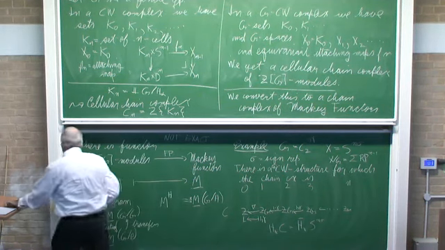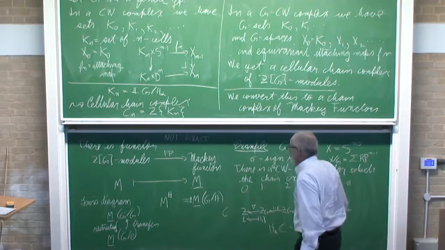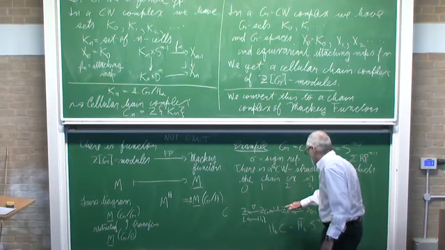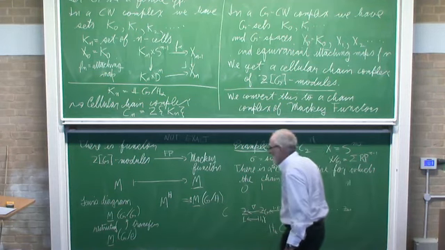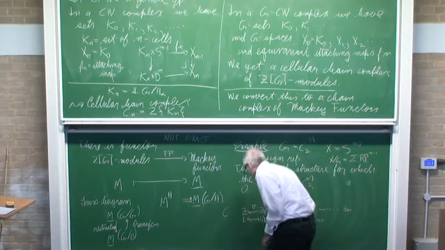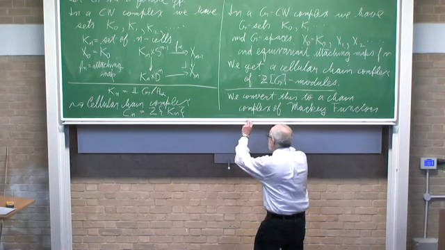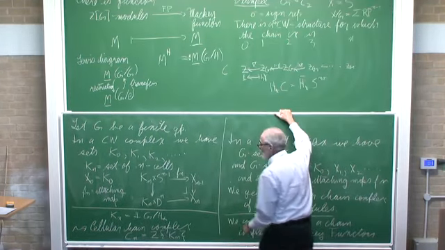Now, so I need to apply my fixed point Mackey functor to this thing. So now I'm going to get a chain complex of Mackey functors. So I will get a diagram, a chain complex of these Lewis diagrams. Okay, so this is the fun part.